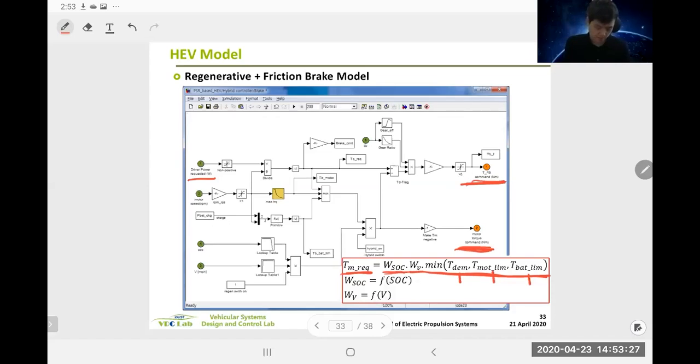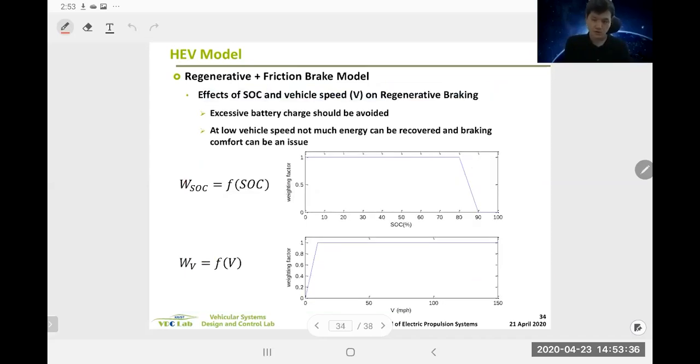If these two weighting functions look something like this, this is SOC, and this is vehicle speed. What this is doing is that when SOC is really high, the weighting function makes sure you no longer recharge your battery.